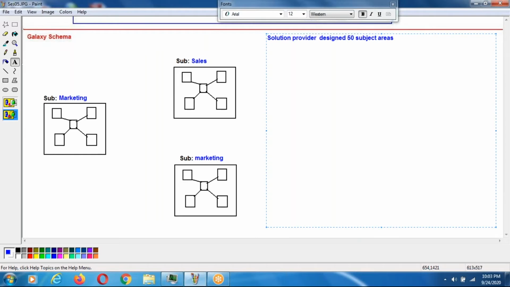She has designed nearly 50 subjects in that particular project. Or I'll say the project consists of nearly 50 subject areas.